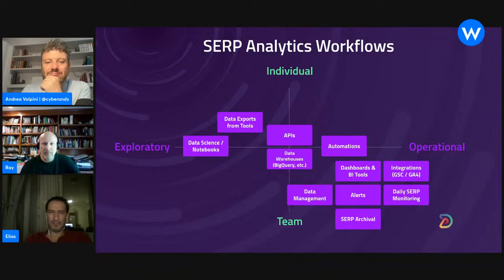So I've put together this two-axis chart that basically walks through how we look at the types of workflows you would want to think about when you're looking at SERPs. The x-axis has exploratory and operational.